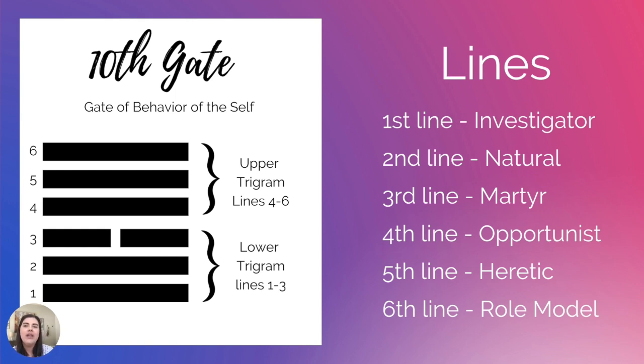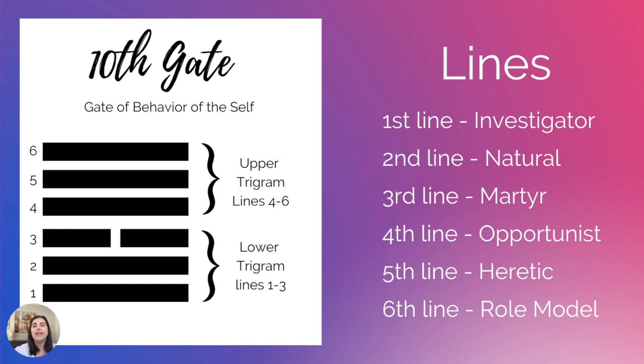It is only the correct calls from other people outside of them that the second line will come out of their cave and want to share their talents and gifts. And again, most of the time, if they're not receiving the correct calls, where their strategy and authority is saying, oh yes, that call, that is something that I need to do, I have the energy and the space to share my gifts and talents with XYZ.